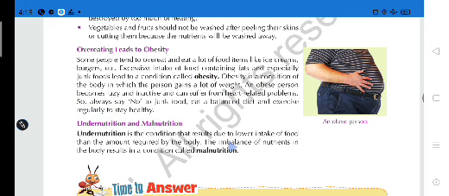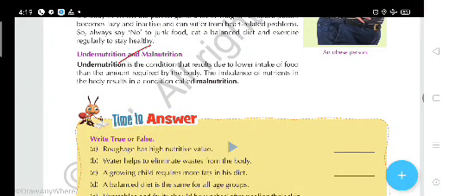Now, undernutrition and malnutrition. What is the difference between undernutrition and malnutrition? See, undernutrition is the condition that results from a lower intake of food than the amount required by the body. If you require 4 chapatis but you are eating only 2 chapatis, then you can suffer from undernutrition because you are not providing proper food to your body.